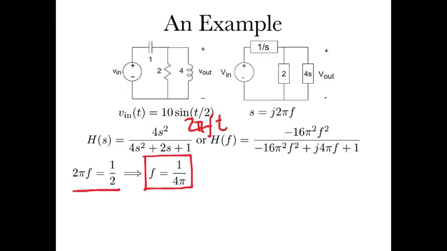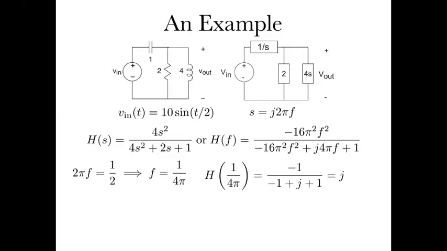I now want to find the value of the transfer function at that frequency. And like I said, this assumption of that frequency value really makes the calculations very simple, because the numerator just turns out to be -1. We get that same term here. This becomes j, and the 1 is 1.